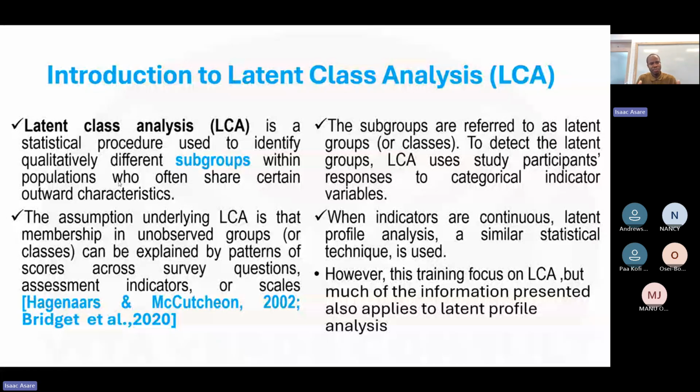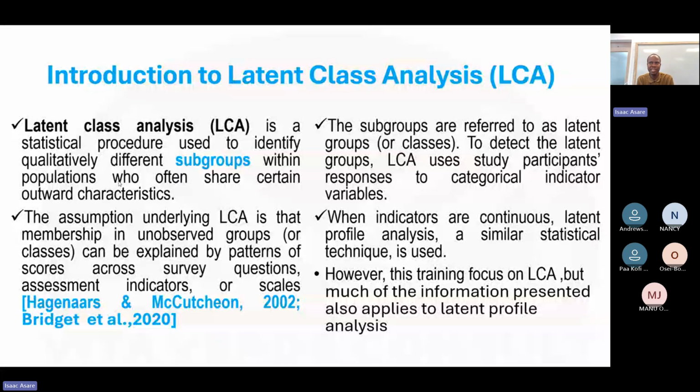All right, so the basic assumption is that membership within the group, of unobserved groups or classes, can be explained by patterns of scores across the survey questions. So per the questions that you give them, you are able to determine what people are saying.